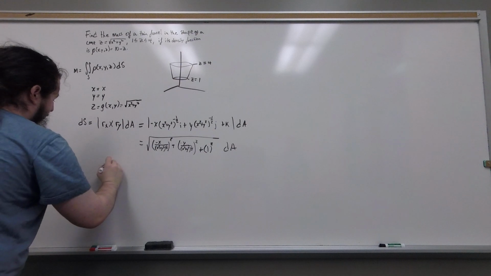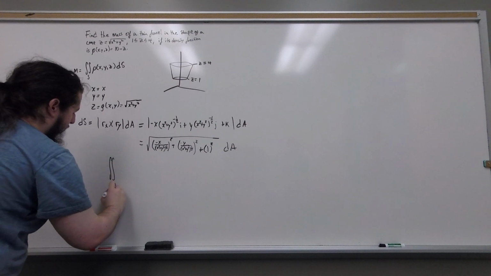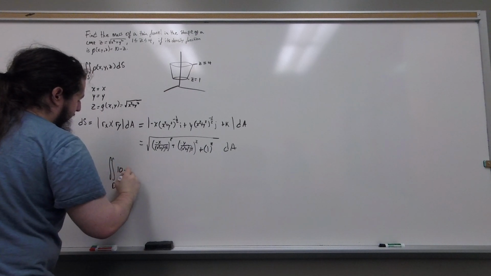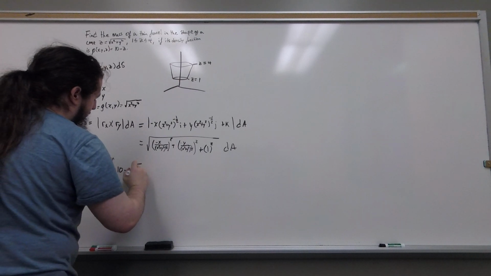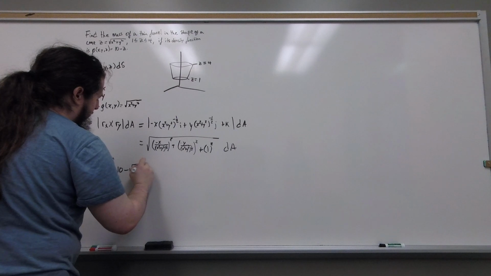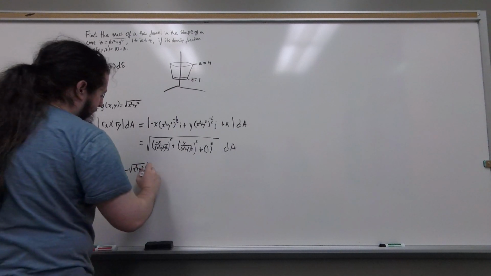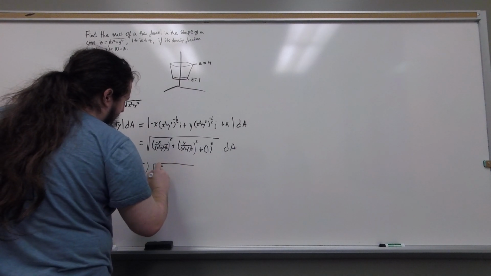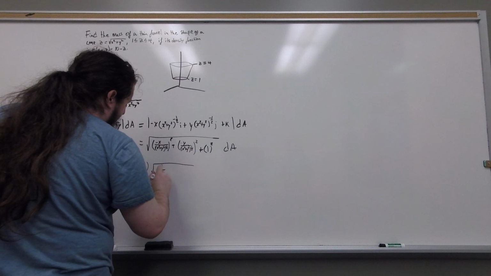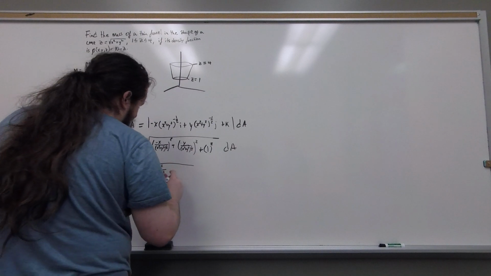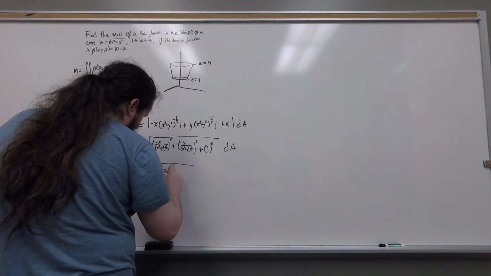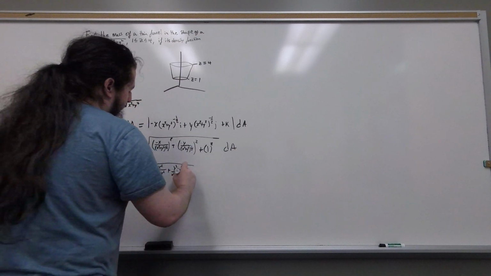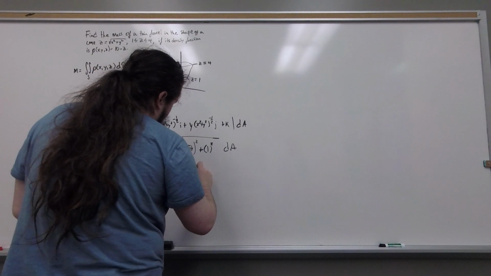So now we have this double integral over a region of 10 minus the square root of x squared plus y squared, times the square root of x squared over x squared plus y squared, plus y squared over x squared plus y squared, plus 1, dA.